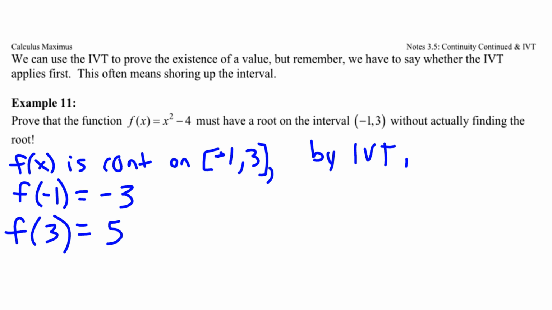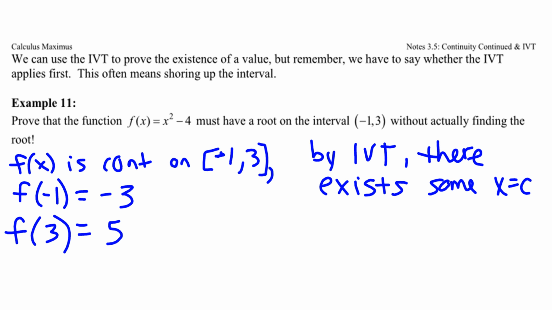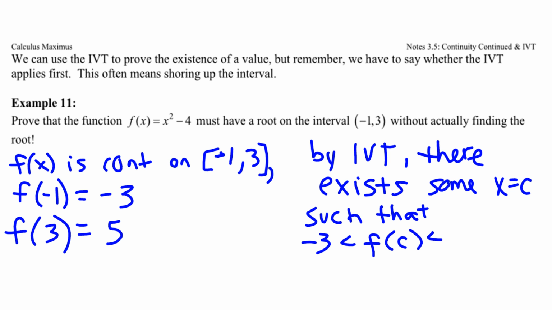There must exist, I'll write out the words, there exists some x equals c value such that f of c is between there, okay? So for somewhere, it has to hit every single y value in between -3 and 5.